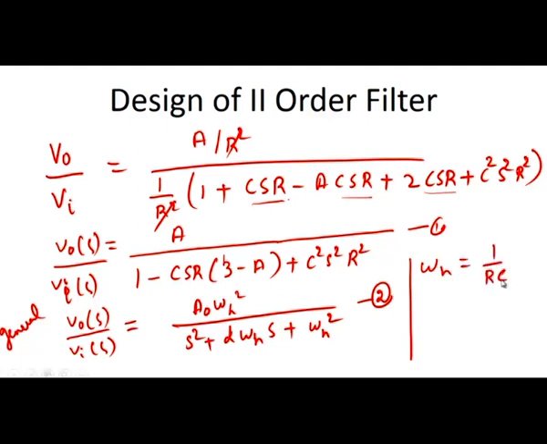If you take plus sCR, then you have 3 minus A. So if you relate these two equations, you have omega H is equal to 1 by RC and alpha is equal to 3 minus A. Alpha is the damping factor. And before that, you have to make the numerator as A naught only. A naught is equal to A here.